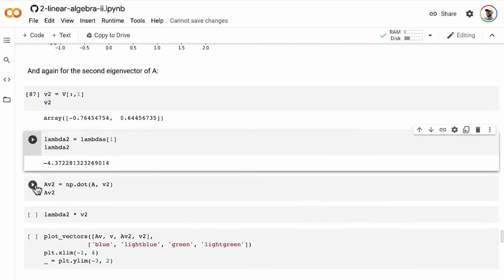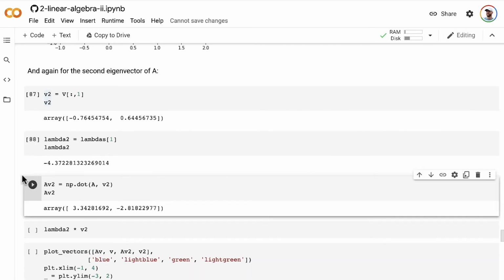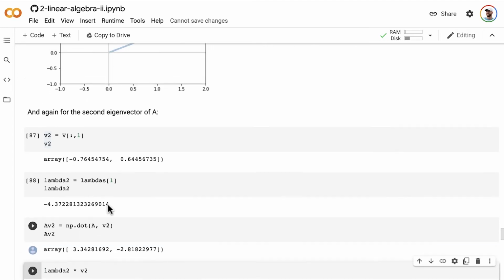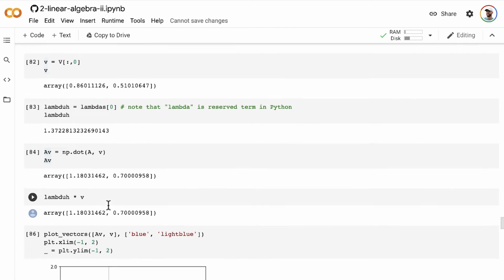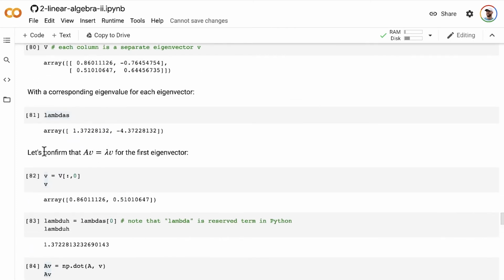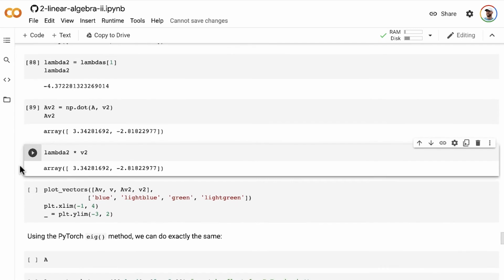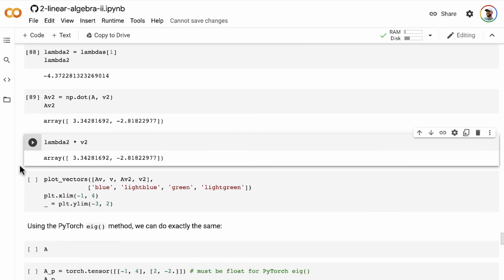We can now calculate the product of applying our matrix A to our second eigenvector, and we can confirm that that is equal to multiplying our second eigenvalue by our second eigenvector. We get exactly the same result as the equation suggests it should. So perfect. For both of our eigenvectors for matrix A, we have proved that that equation is satisfied.